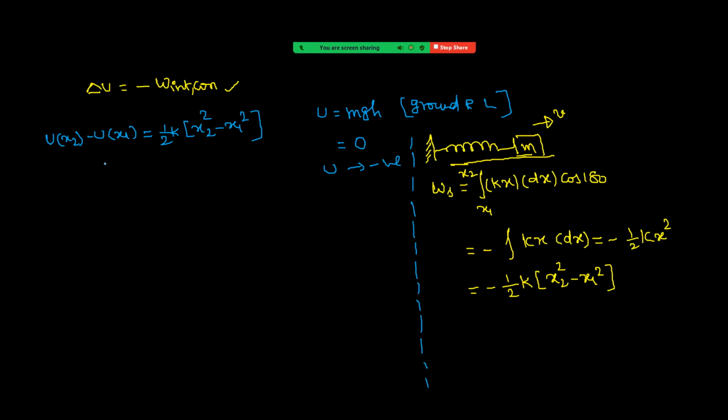So let us take an assumption: U of x, when x equals 0, potential energy is 0. This is completely our choice. Then see what we get.